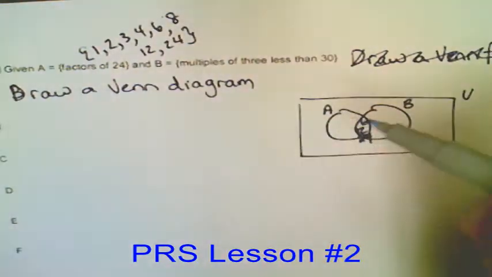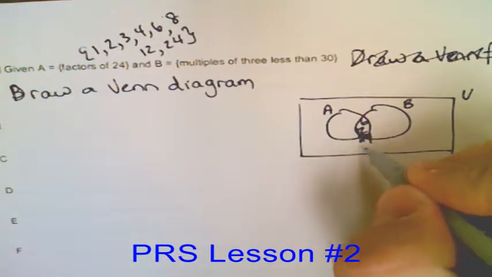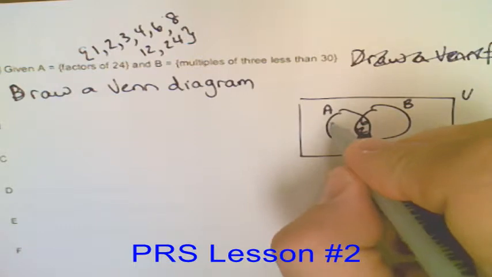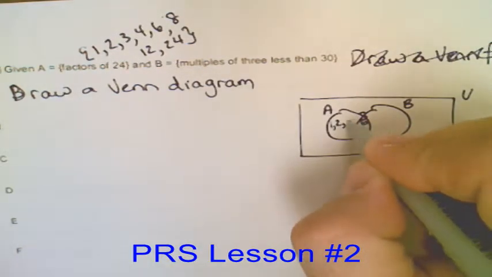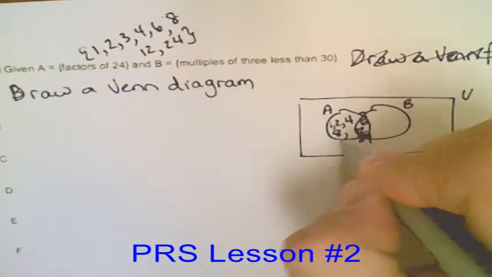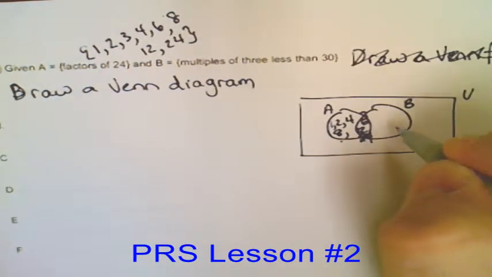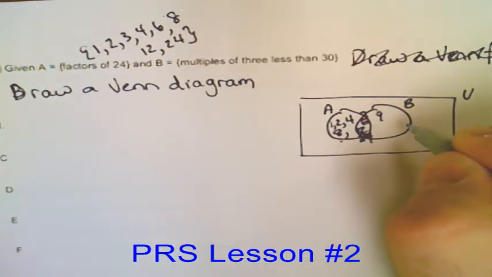The multiples of 3 less than 30 also include 3, 6, 9, 12, and so on and so forth. So things like 6, 12, 24 are in both sets. It's hard to read.